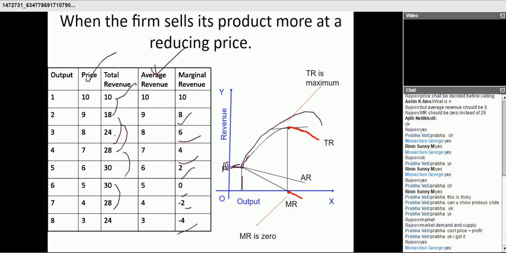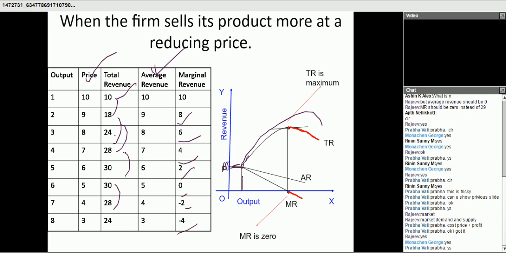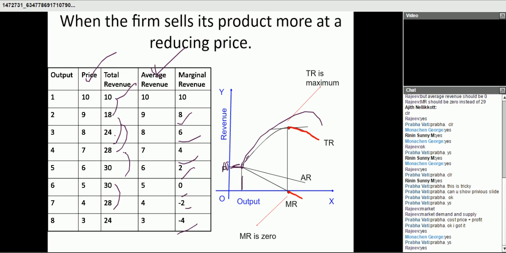Then average revenue and marginal revenue. Let's see that the average revenue is decreasing, but it is decreasing at a rate slower than that of the marginal revenue, isn't it? Can you see, when it is 8, it is 9. It is 6, it is 8.